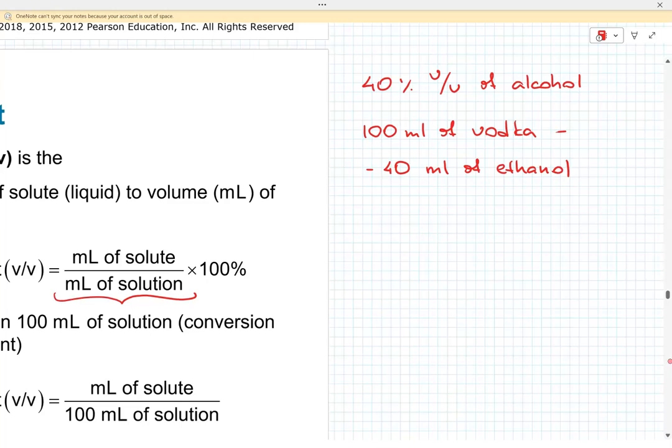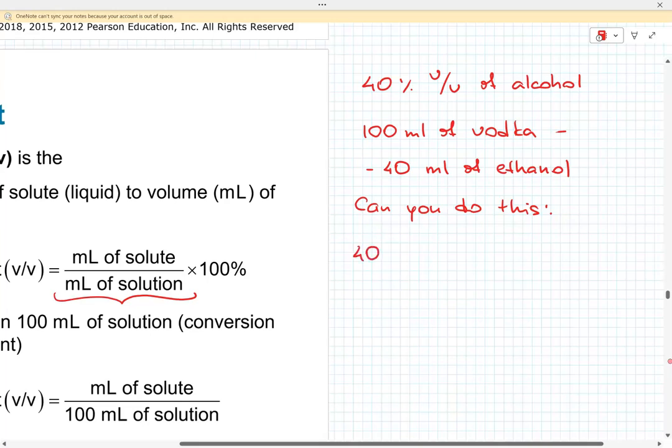So, here's my question. Can you do this? To prepare this solution, 40 milliliters of ethanol plus 60 milliliters of water.